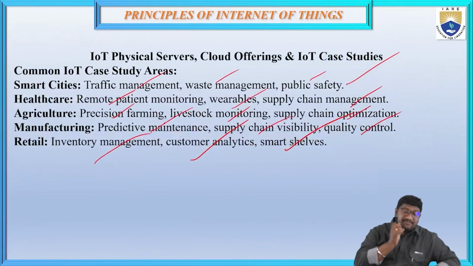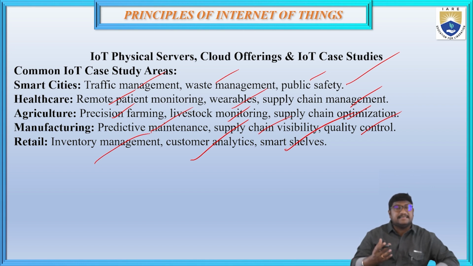And coming to the next factor, which is common IoT case study areas: smart cities, healthcare, agriculture, manufacturing, retail, and whatnot. Almost all the industries are utilizing IoT applications in a most effective way. I will tell you some examples which meet these particular study areas.